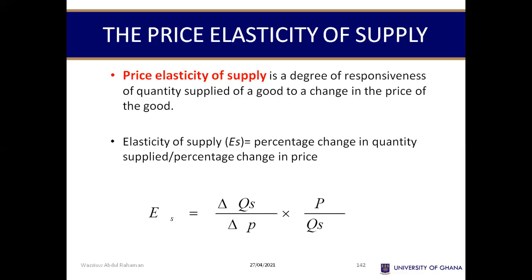It's just that now replace the demand with supply. So that will be equal to change in quantity supply divided by change in price times price over quantity supply. Again, the price and quantity supply should be the initial values.